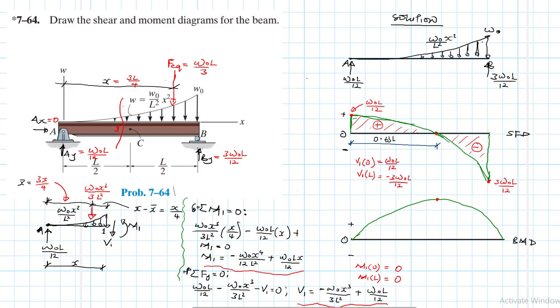So we have the maximum there where the slope is equal to 0. So let's calculate that maximum point. Let's call it M max.